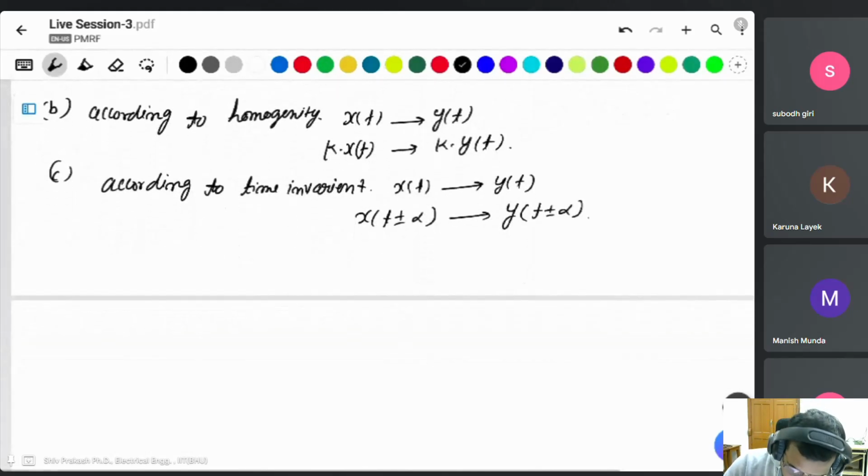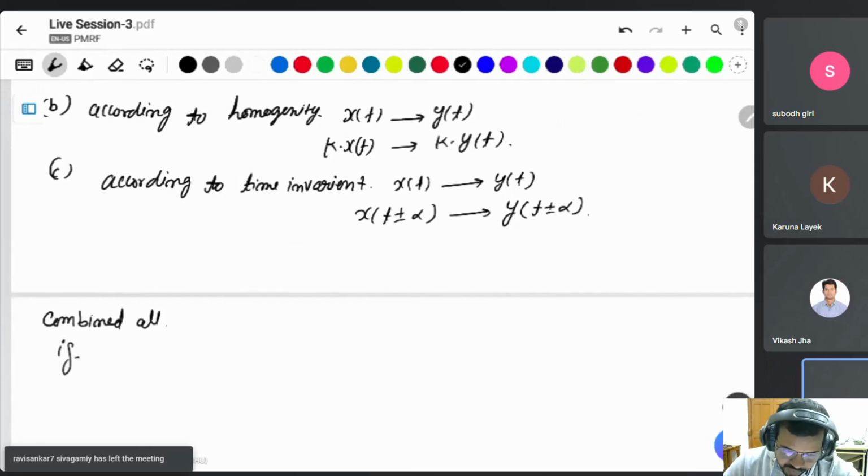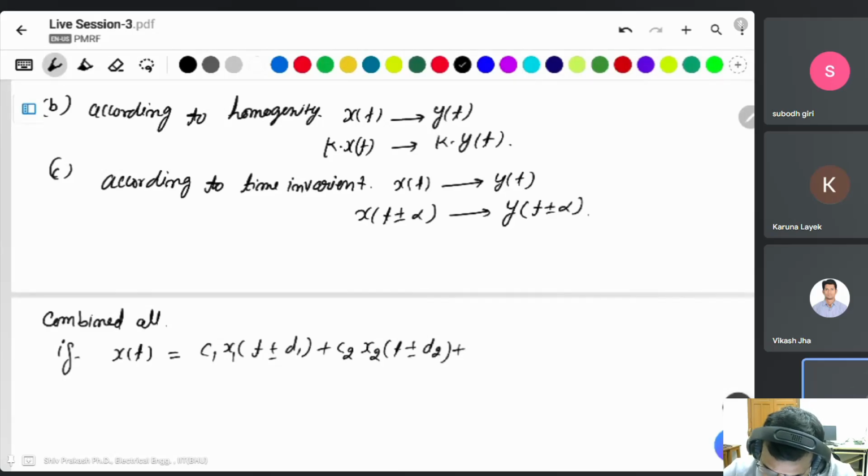If you combine all of these, taking some input by combining all things, some scaling like homogeneity, some delay, which is time invariance, and addition of some other input also, x1(t), this is known as the additivity, all things together.